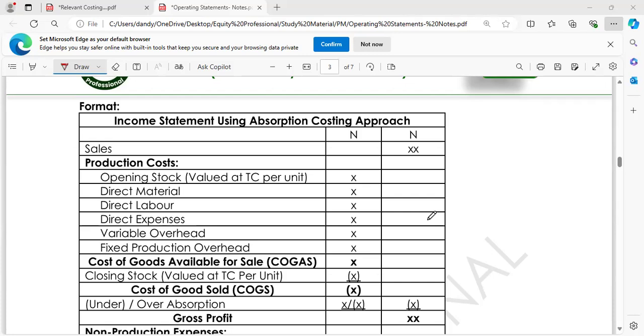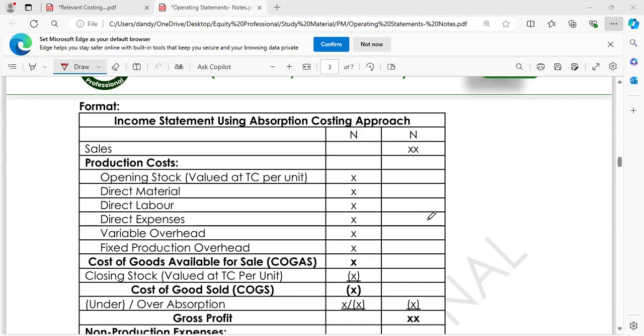But the bottom line here is that overhead absorption, we said, is the process of allocating indirect costs, including the rents, the electricity, the depreciation of the machinery, and of course, the heat, the lighting, all those costs that will be incurred in the factory. So the process of allocating them to a product or service is what is called overhead absorption costing.